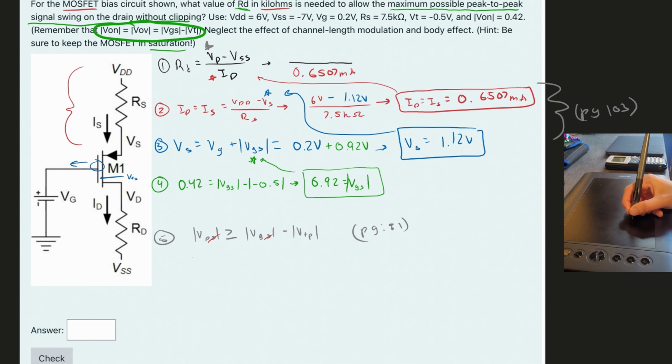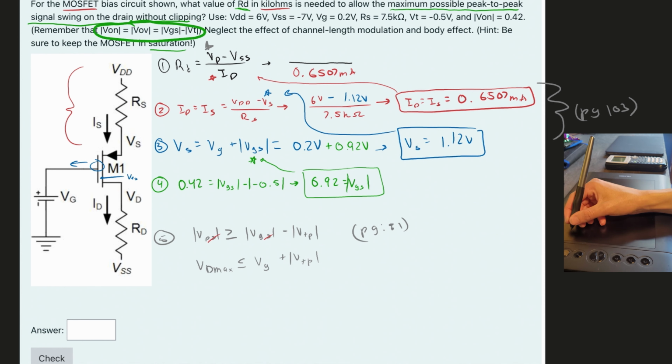And now we are going to take away the absolute values. When we do this, we're going to have VD, the VD max value, greater than or equal to our VG plus the absolute value still of our VTP, and that's how we would write this.